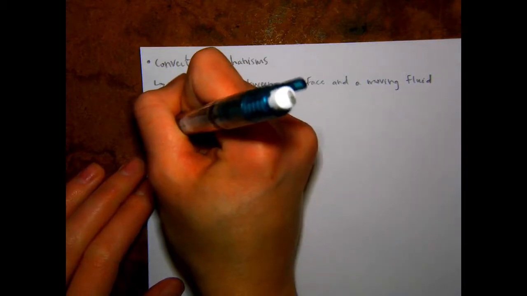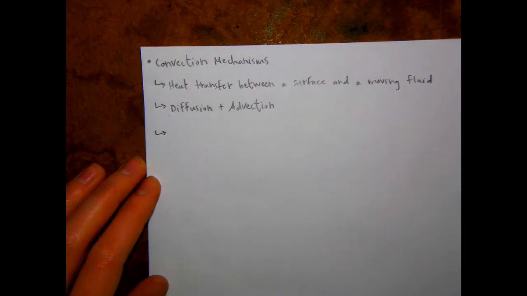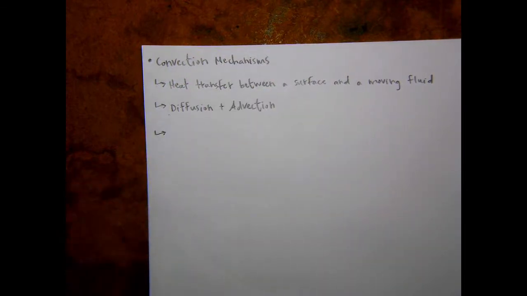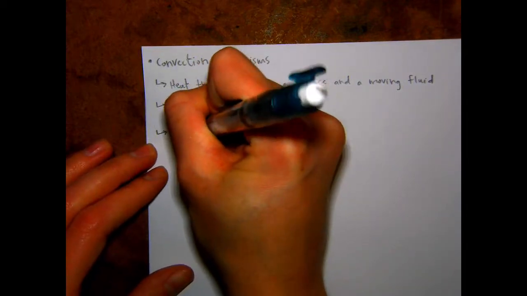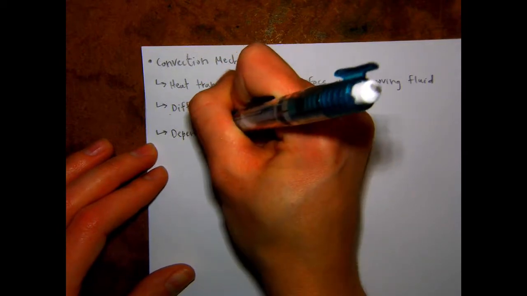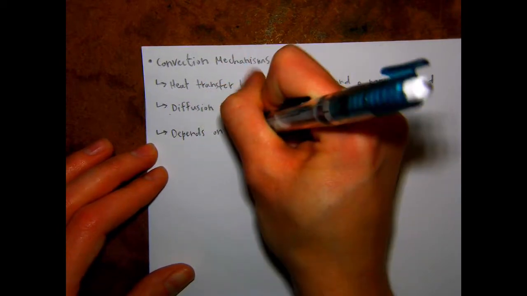And we also talked about how convection heat transfer rates depend on the nature of the boundary layers that develop near a surface. So convection depends on boundary layers.